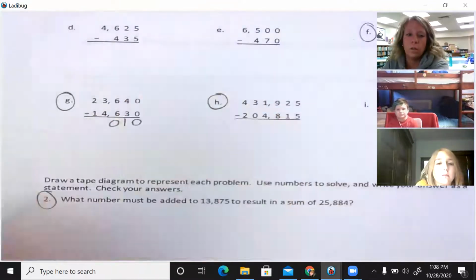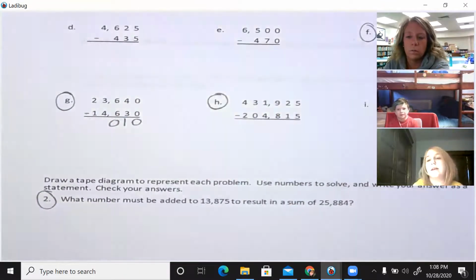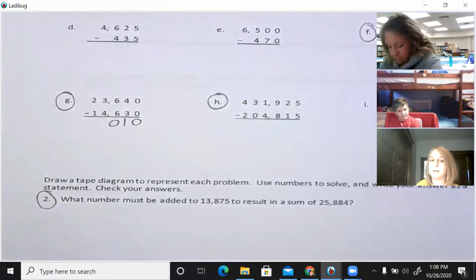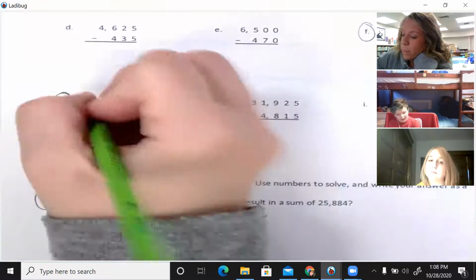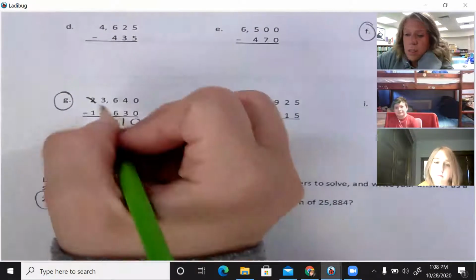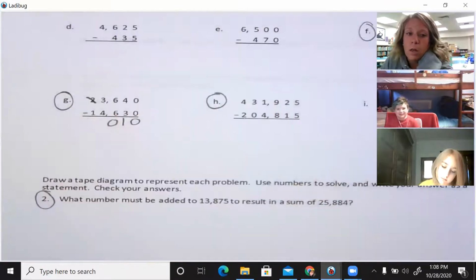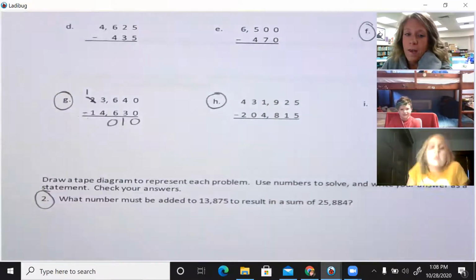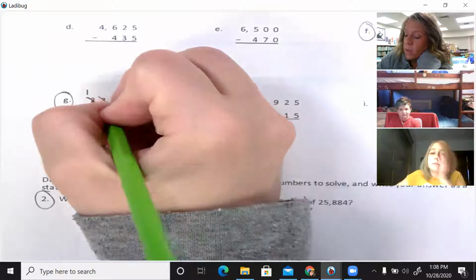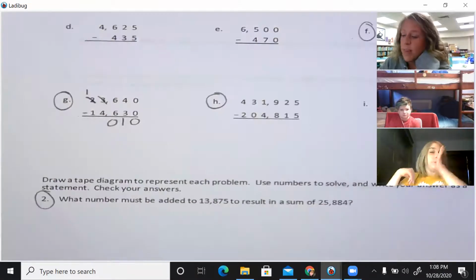3 minus 4. You can't do that. So we're going to go over to the 2, make it a 1, and then make the 3 a 13, and then it'll equal 9. Very good. Since the top number is smaller, I'm going to trade. I'm going to take one of those 10,000s away, and I'm giving the thousands place 10,000s.